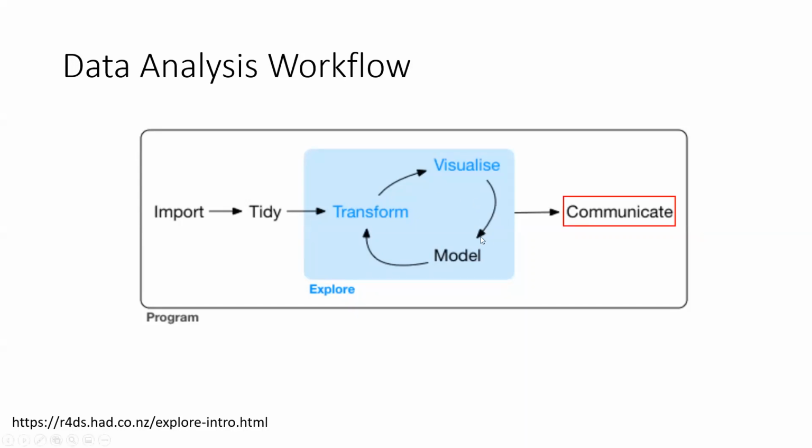There's another step here called model, which we're actually not going to talk about today. But this is often the case where you discover something new or interesting or find a new pattern when you're analyzing your data. And so you want to go back and model that phenomenon and then understand it in greater detail and ultimately communicate it. But for most of our typical data analyses, we actually aren't going to use that step.